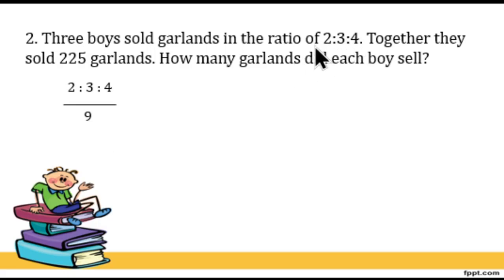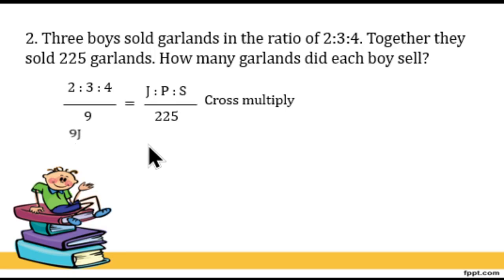Which is equal to, let's use three different letters. So we have the J, P, and S, and the sum is equal to 225. Then cross multiply each. So then 9 times j is 9j, which is equal to 2 times 225.